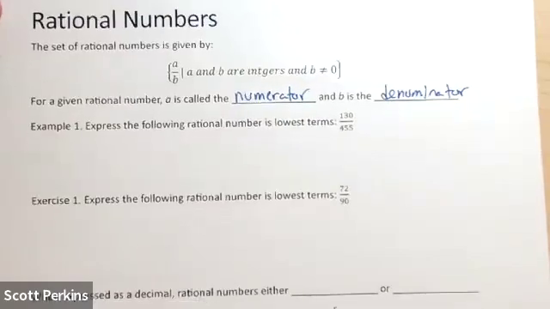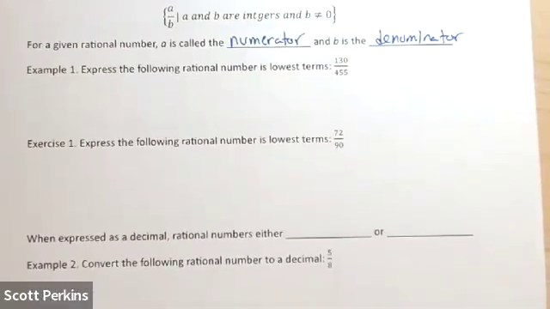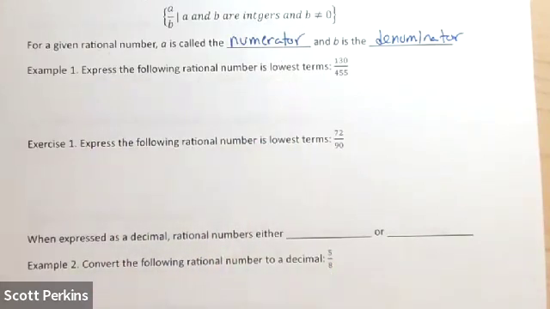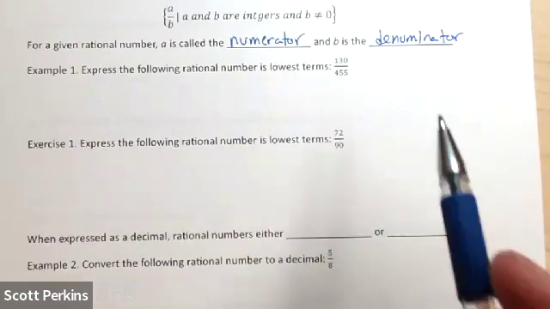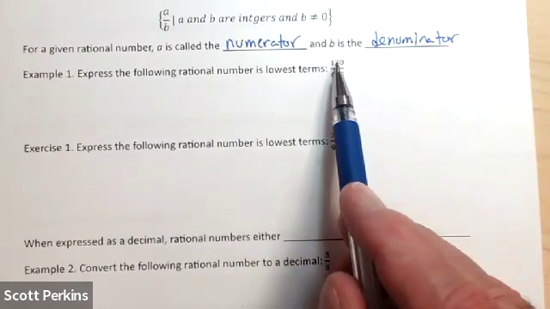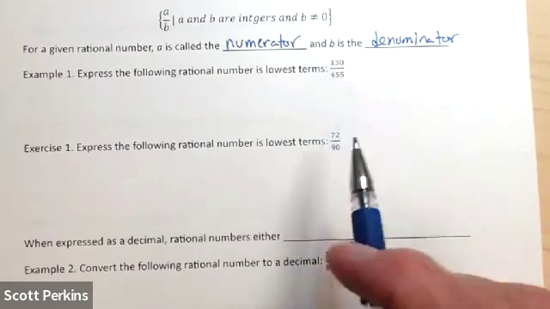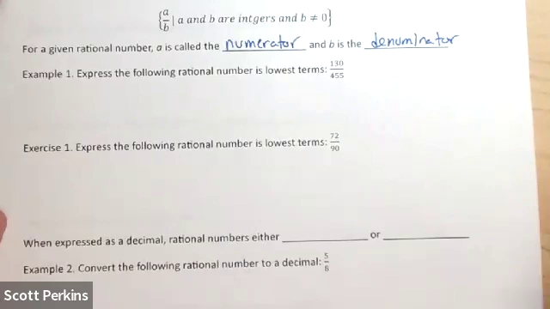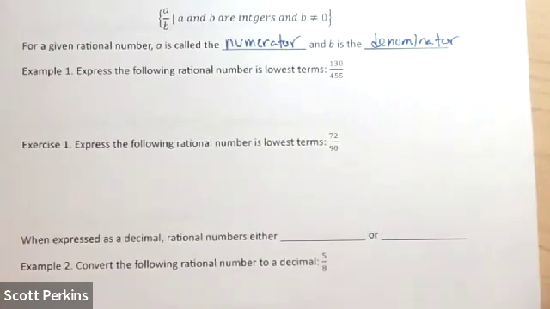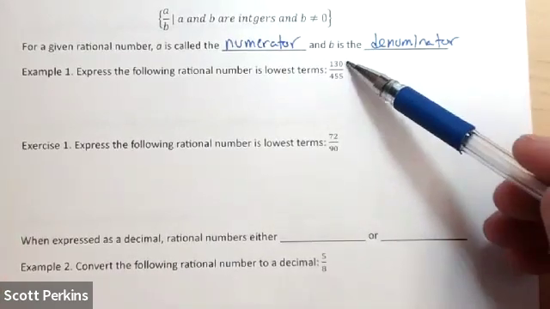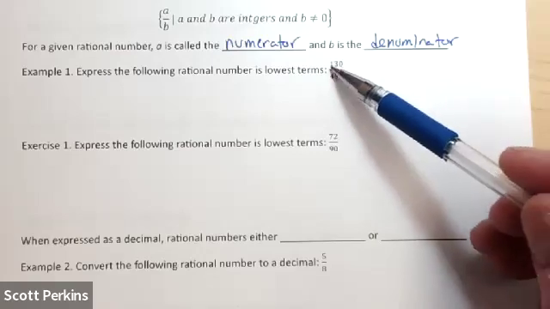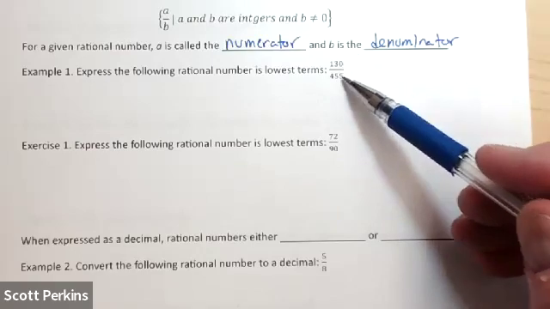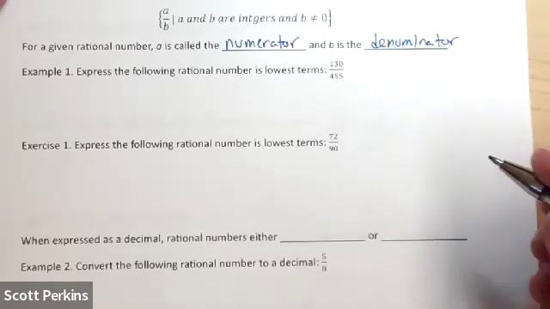What we're going to do first is we are just going to first talk about writing a fraction in its lowest terms. And what that means is I want to make sure that the number in the top and the number in the bottom don't have any factors in common. Now, the way we're going to do this is we're just going to use our rules for divisibility, and we are going to take out any common factors. So notice 130 and 455. They both end in a 5 or a 0, so that means the number 5 goes into both.